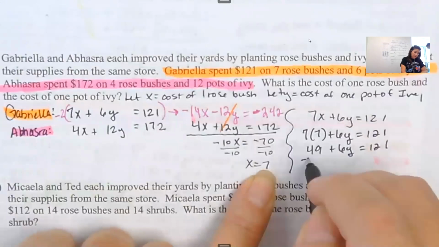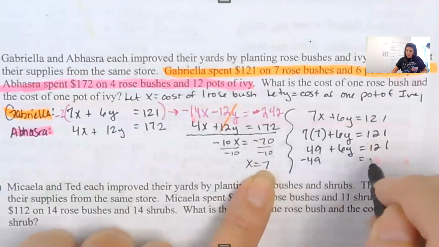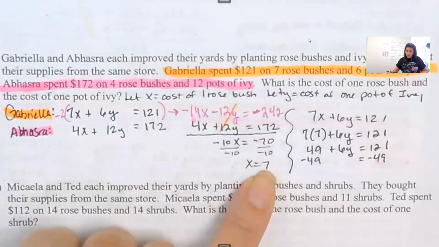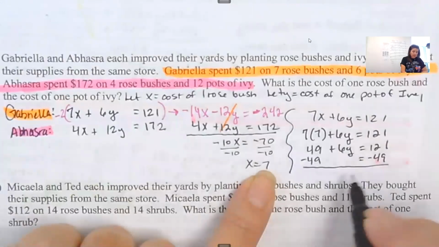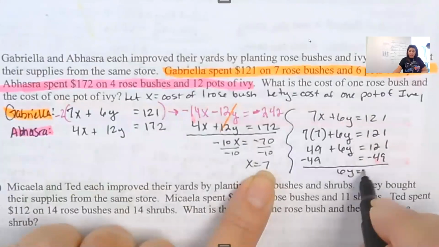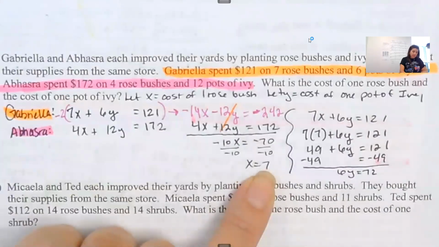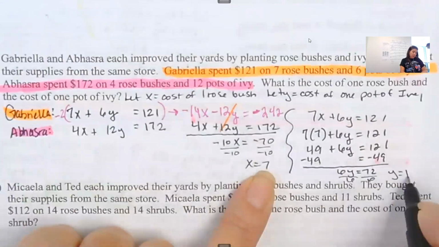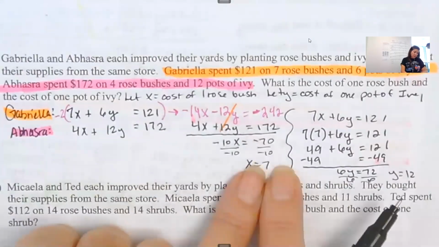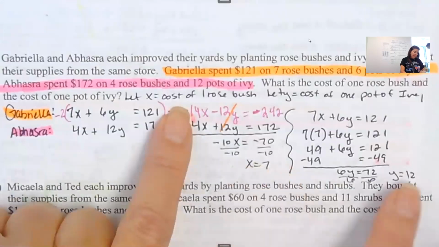Subtract 49 from both sides. I get 72. 6y equals 72. Divide both sides by 6. And y equals 12. So 1 rose bush costs $7. 1 pot of ivy costs $12.